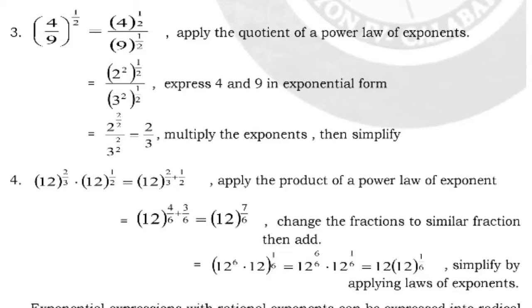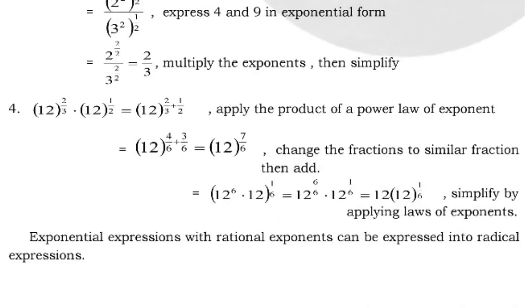Applying power of a power, we multiply the exponents: 2 times 1 half is 1, so we have 2 to the power of 1. For the denominator, 2 times 1 half is still 1. So 3 to the power of 1 is 3. Our answer is 2 over 3.